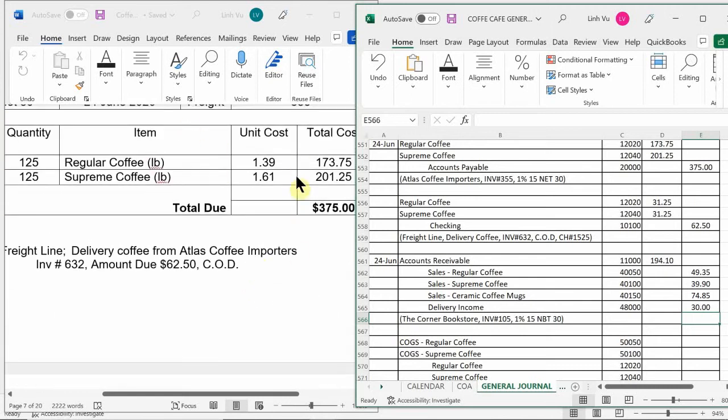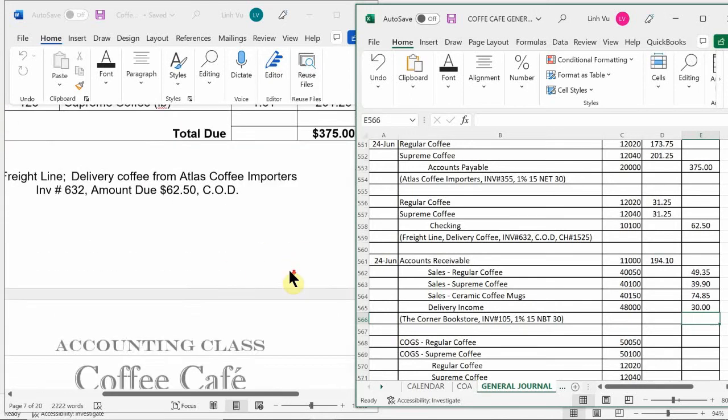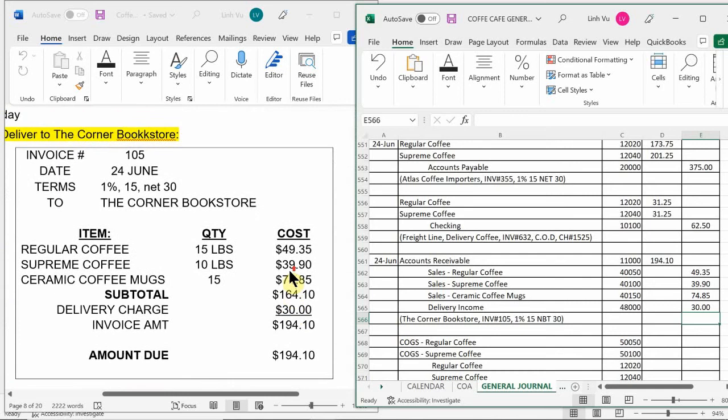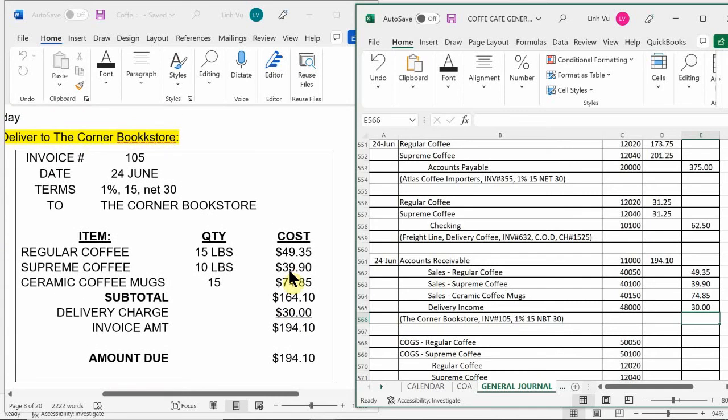So we're not on this anymore. We're on delivering to the corner bookstore. So did we use Atlas? We did not use Atlas. Atlas is our vendor who provided us the coffee. They are our supplier.